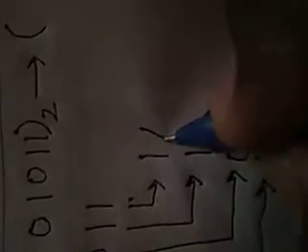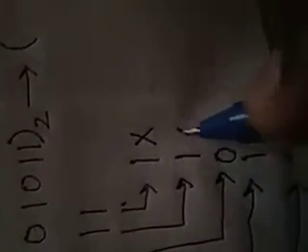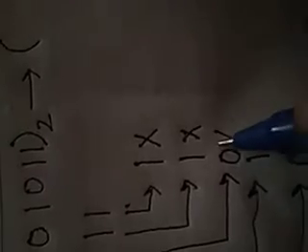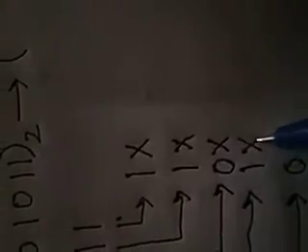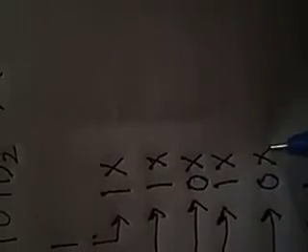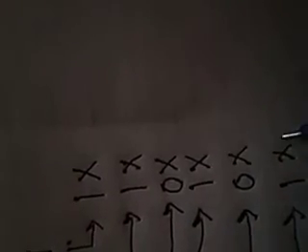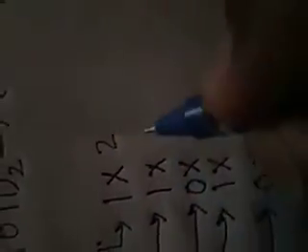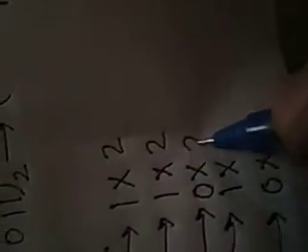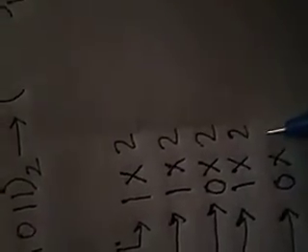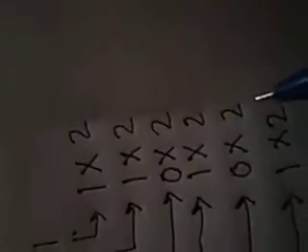This is 1. Now use a multiplication sign and multiply each and every digit by 2, 2, 2, 2, 2, and here we have already written.